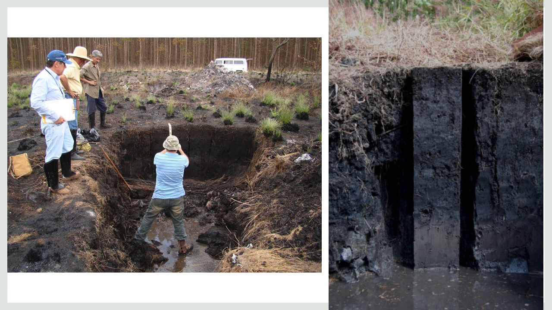The histic is formed under water saturation. As you can see in these two photos, the histic epipedon is always formed close to the water table, and because of the reducing conditions, you have a strong and high organic carbon accumulation.